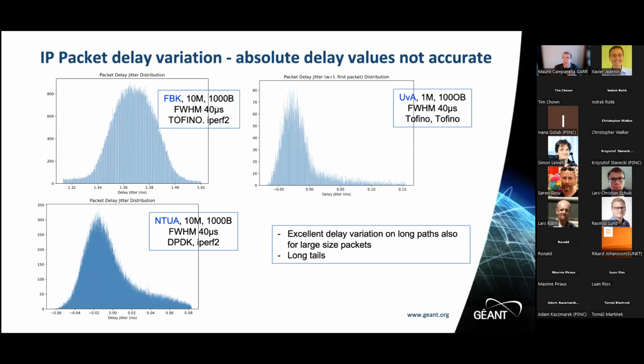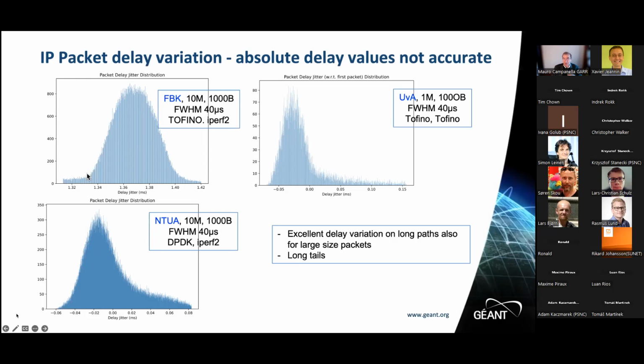We are moving now to the same speed, but larger packets. The setup is the same, and these are the different results. What you can see is that with larger packets, the full width at half maximum is essentially reduced, so the delay variation is reduced.